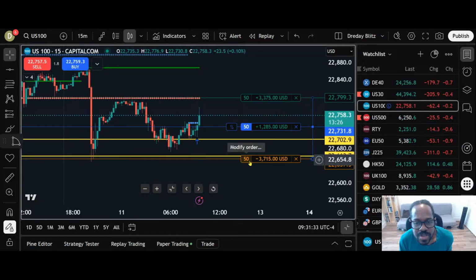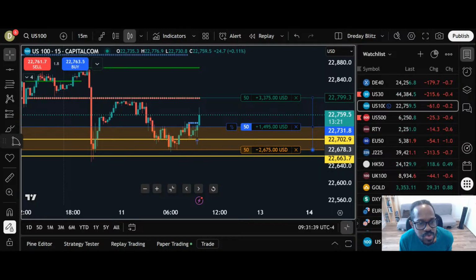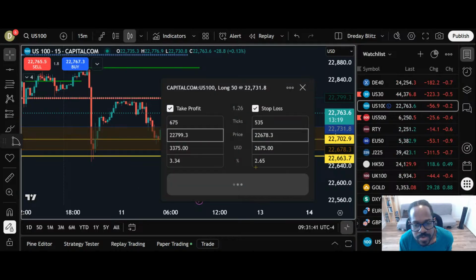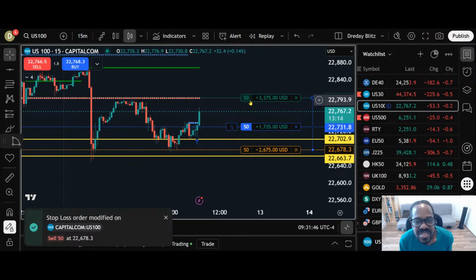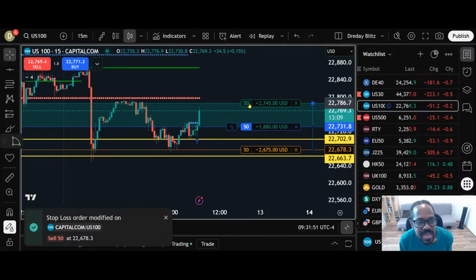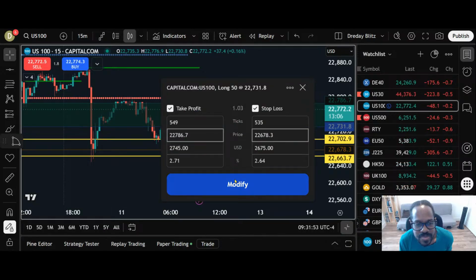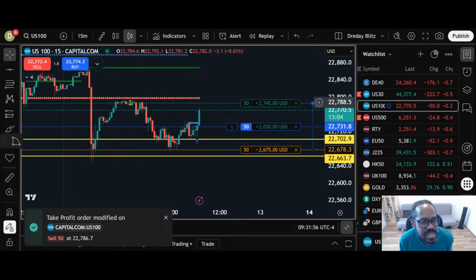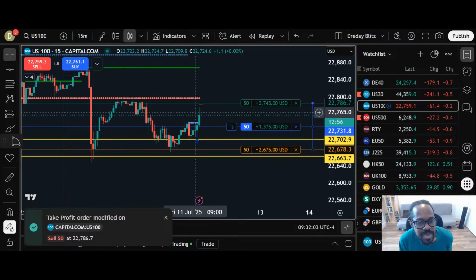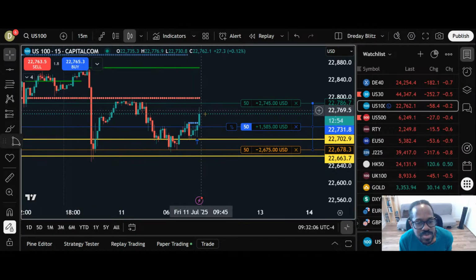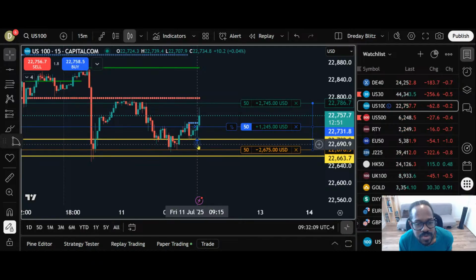So I'll just adjust my stop. I'll put it at those lows here just to minimize my risk. And I will adjust my TP, put that in that region right here. The reason I did this is because we had a lot of consolidation here before that push down. So I'm expecting the price to go towards those levels before doing anything afterwards.